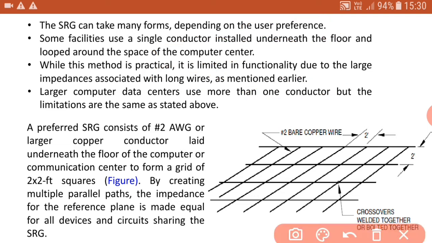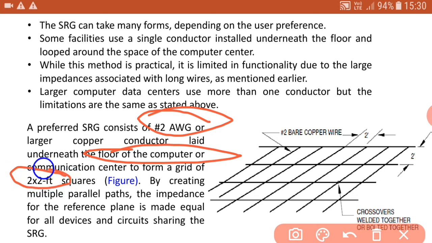A preferred signal reference ground consists of 2 gauge or larger copper conductor laid underneath the floor of the computer or communication center to form a grid of 2 by 2 feet squares. We can see in this figure the wire gauge is 2 AWG, which means 2 American wire gauge, and the square size is 2 feet.